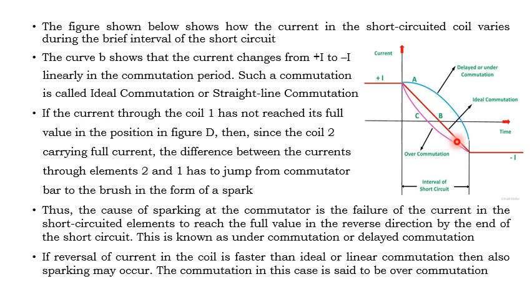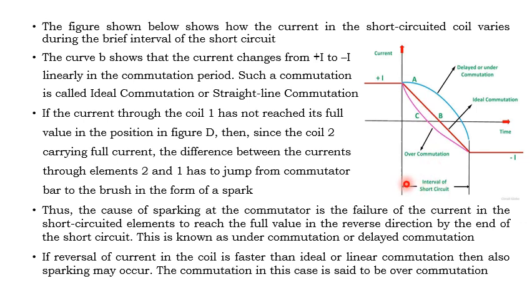Such a commutation process is called over commutation. Now the curve C represents the over commutation. Usually the ideal case of commutation will not be observed. Either you may observe delayed or under commutation, or over commutation.